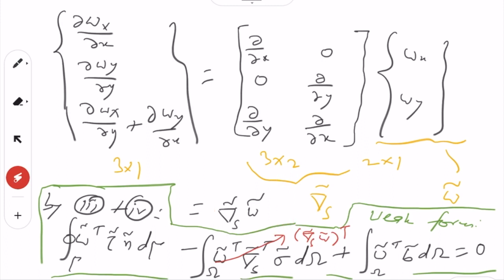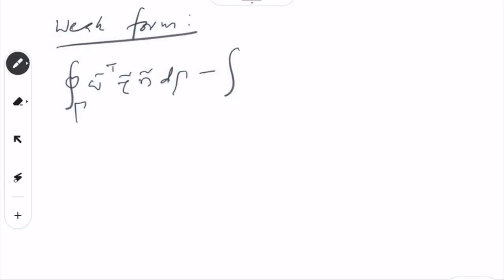So del S W, transpose of that, sigma, d omega.